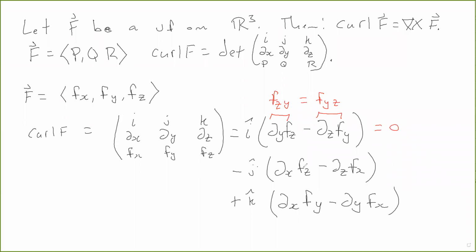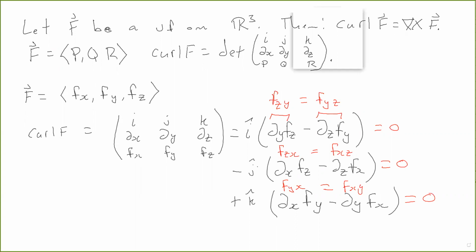And similarly for these terms, this is fzx, this is fxz. By Clairaut's theorem, these two terms are equal, so this component is equal to 0. And similarly down here, this is fyx, this is fxy. These two terms are equal, so this is 0. Okay, so what this means is that whenever F is conservative, then its curl is equal to 0.